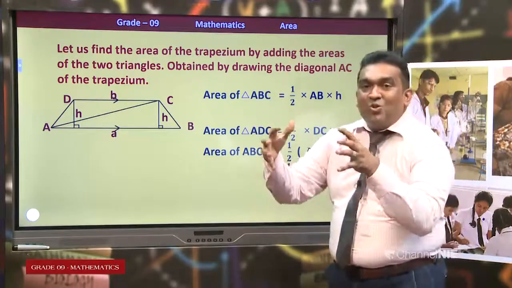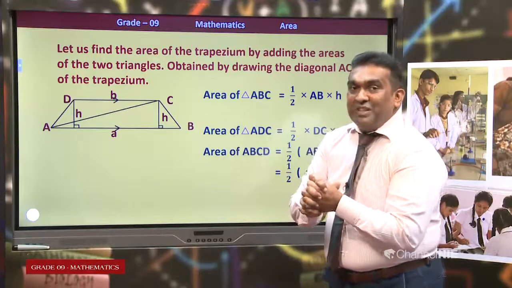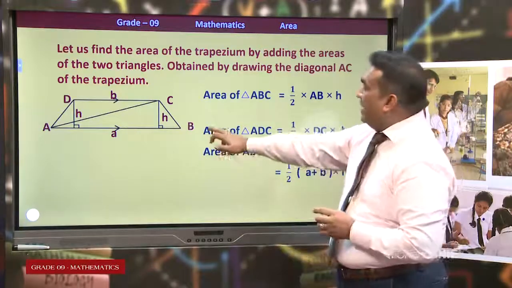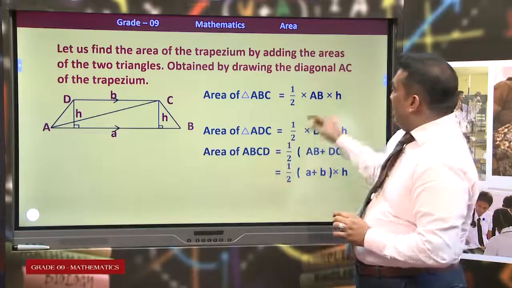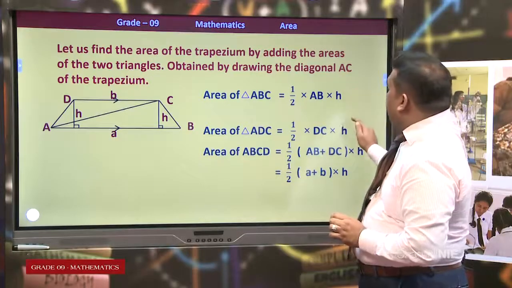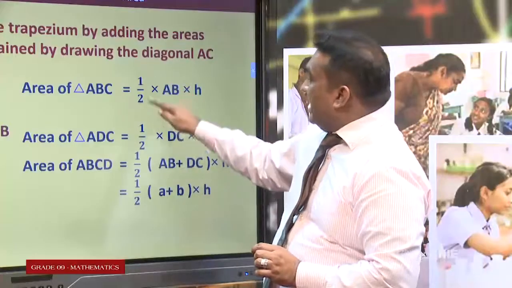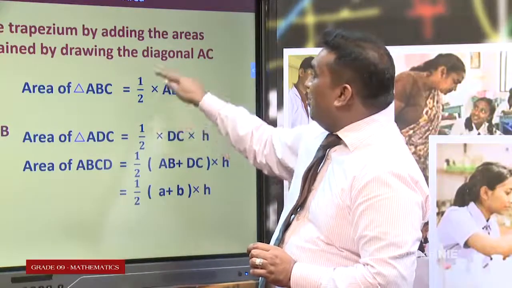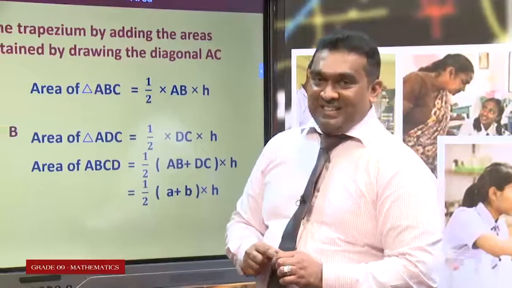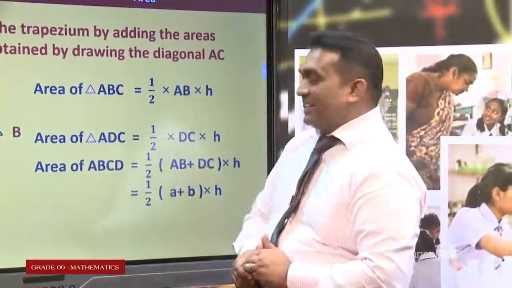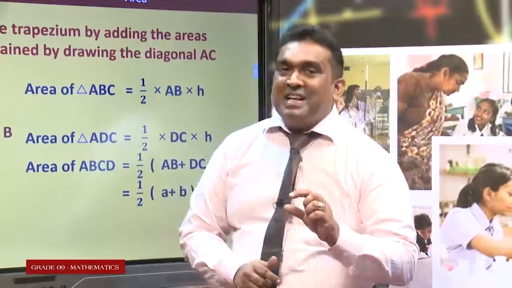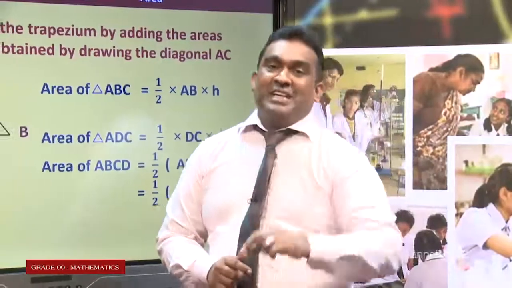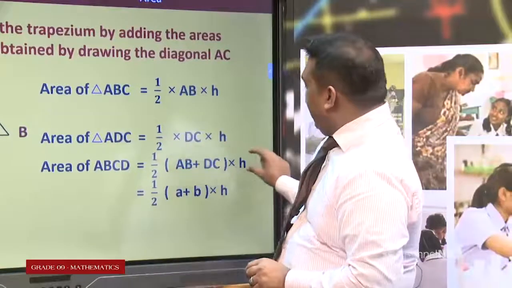Now, getting together the area of these two triangles, we can find out the area of the trapezium ABCD. First formula plus second formula. Here you can see half is common, h is common. As a result, half h is common.